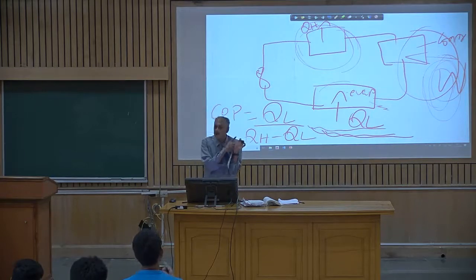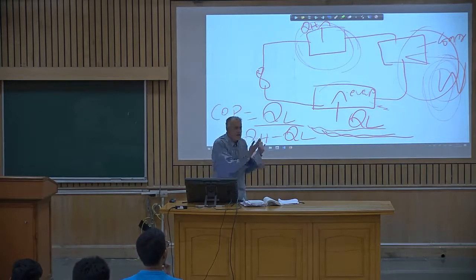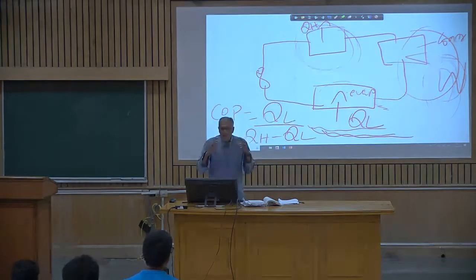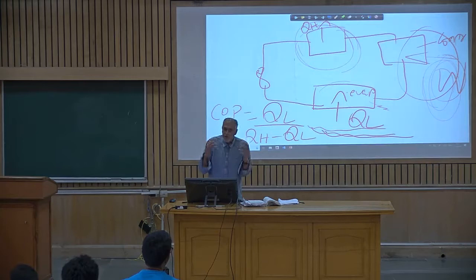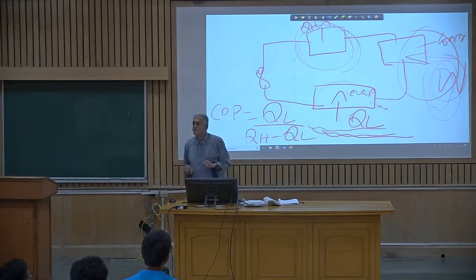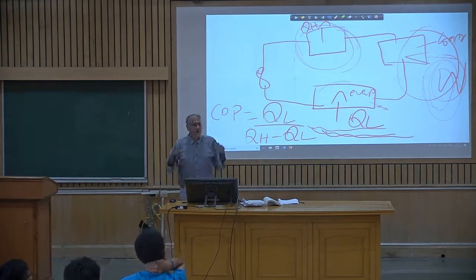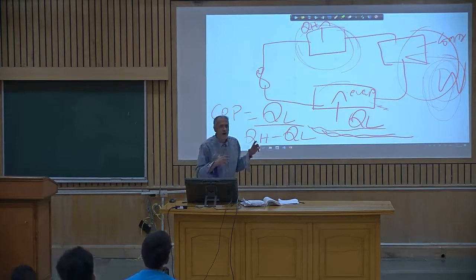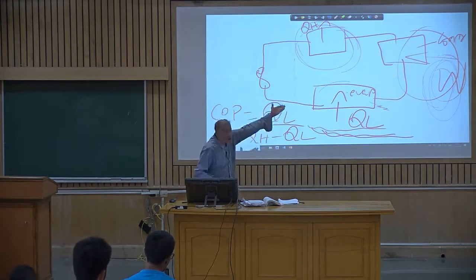From your abstract fraction here, if I keep QL high and QH high, COP will increase, correct? So then you also know that if I have high QL and high QH, the amount of compression that I need to do is less. How do you explain this? I have a high QL and I have a high QH, which also means that the work that is required by the compressor is less.